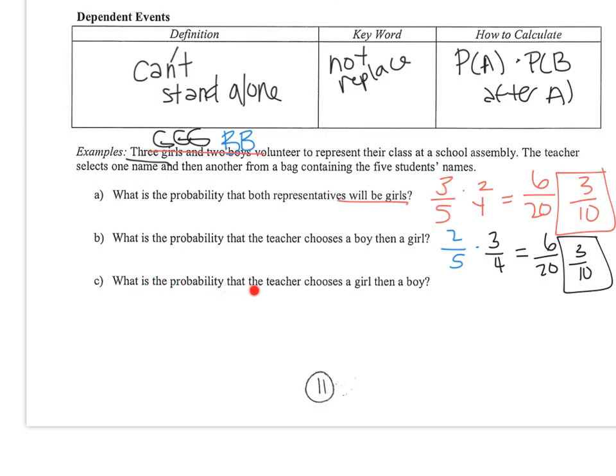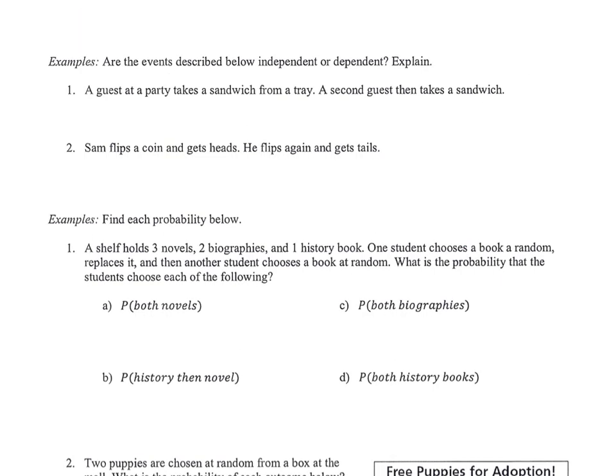What is the probability that the teacher chooses a girl then a boy? So chooses a girl, which is 3 out of 5, and then a boy, so a girl is gone, which is 2 out of 4, which is 6/20 or 3/10. Are the events described below independent or dependent? A guest at a party takes a sandwich from a tray.